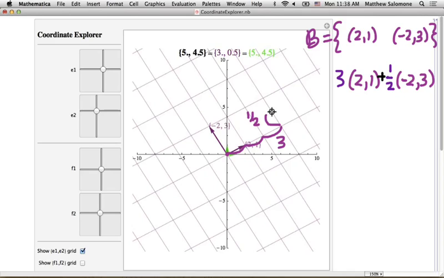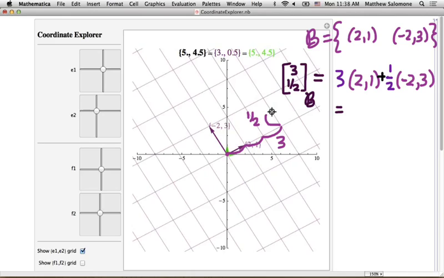In other words, to use the notation of the book, what we would be doing here is saying that the vector whose coordinates are 3 comma 1/2 with respect to this basis is by definition equal to that linear combination of those two basis vectors, so 3 times the first one plus 1/2 times the second one.